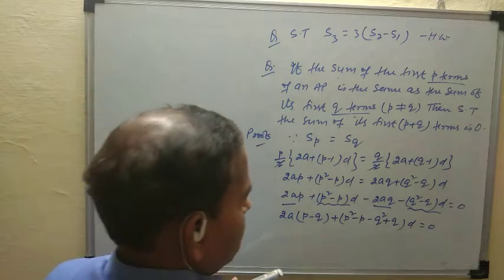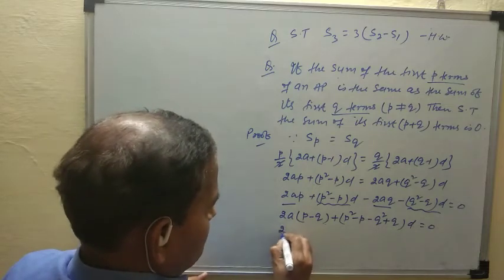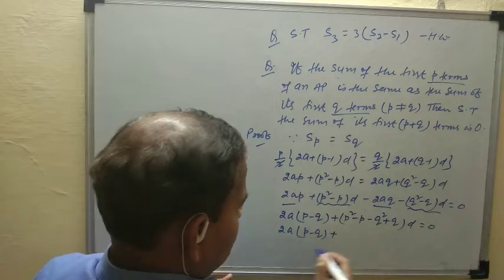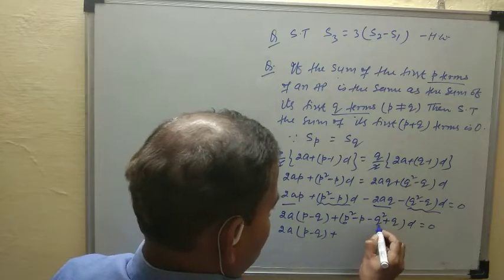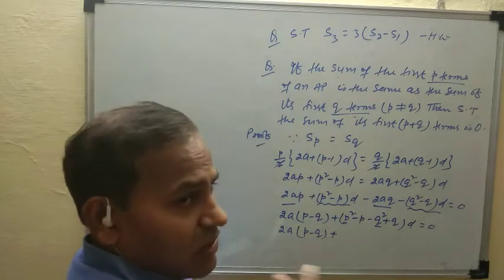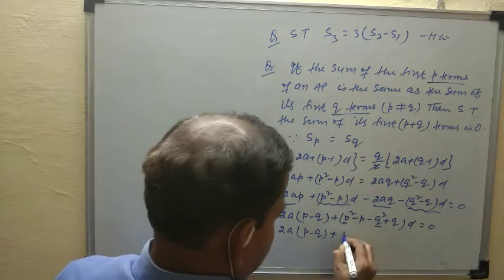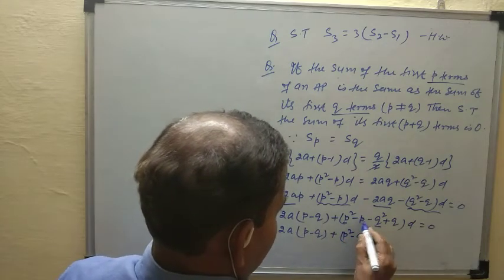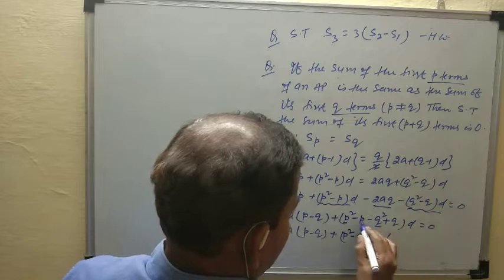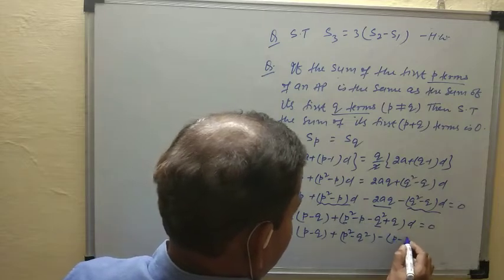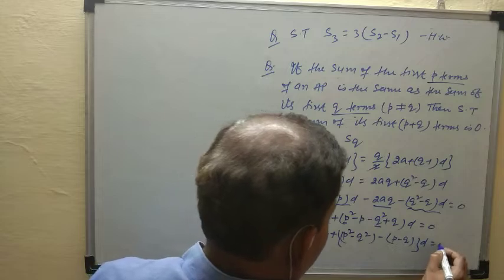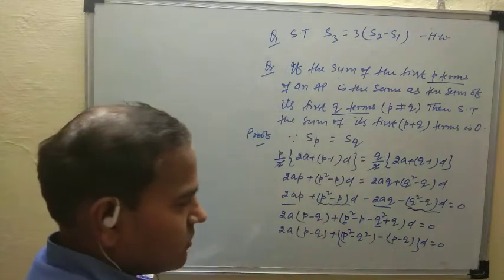So 2a into p minus q, and here p square minus q square, taking one pair, and taking minus common, the sign changes, so p minus q into d is equal to 0.